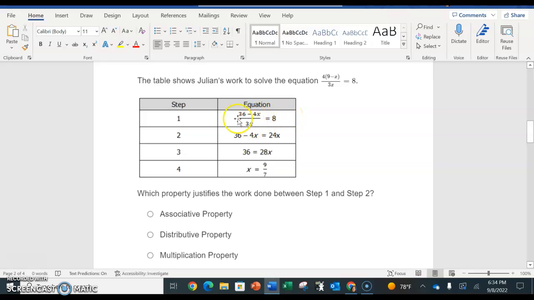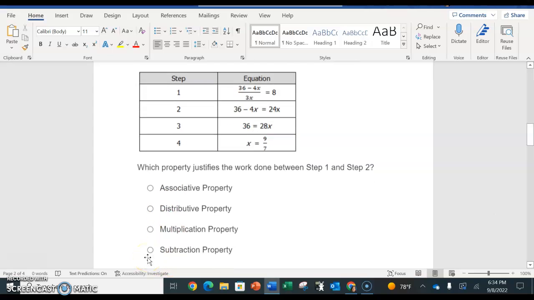And when you do that, it cancels the denominator and leaves 36 minus 4x. And then when you multiply the right side by 3x, you get 24x. So between steps 1 and 2, we used the multiplication property. All right, so multiplied 3x by both sides, that would be the multiplication property.